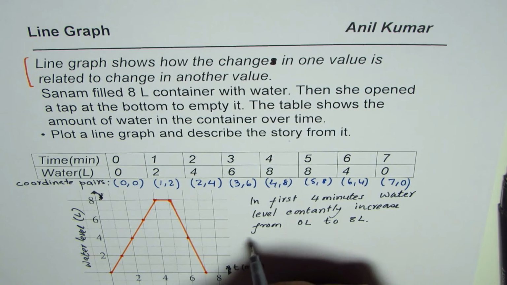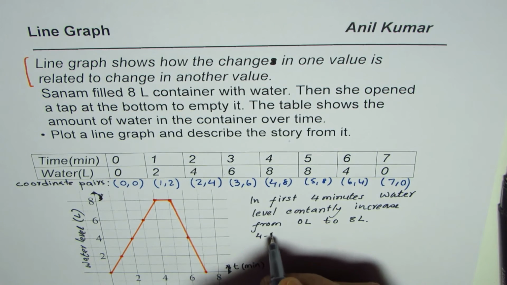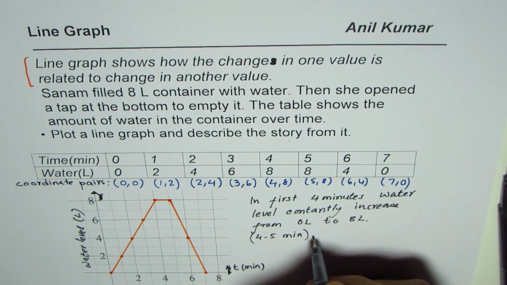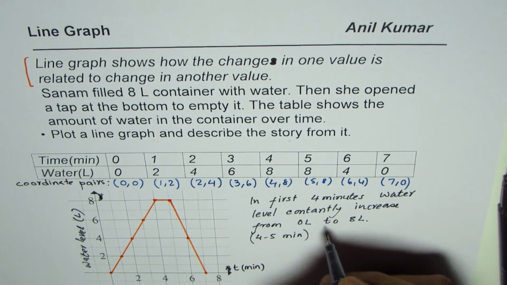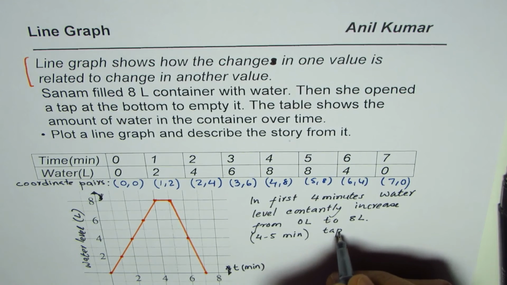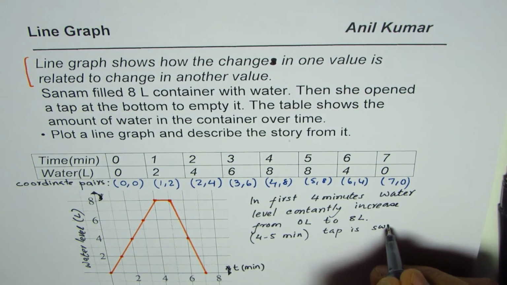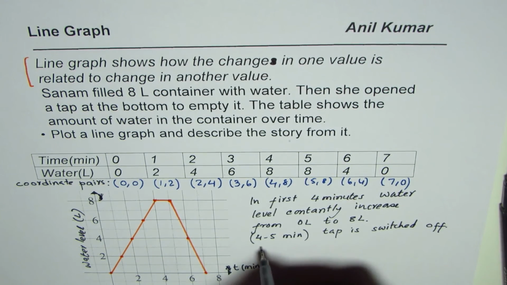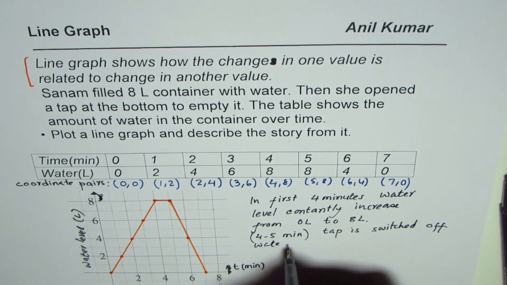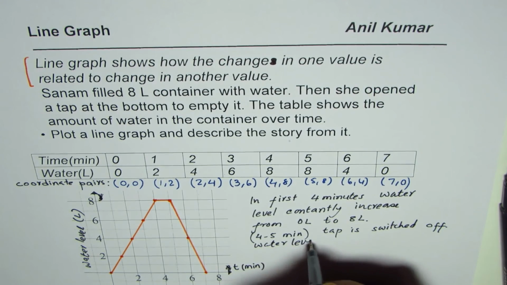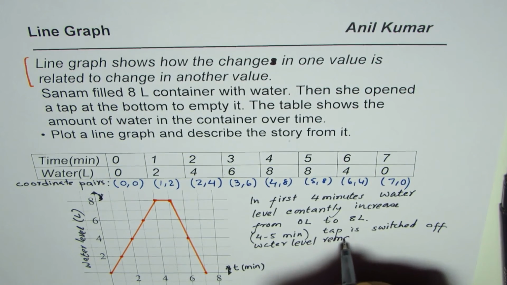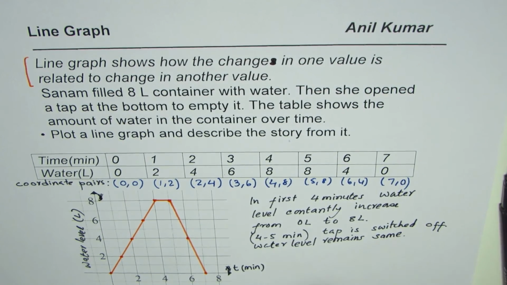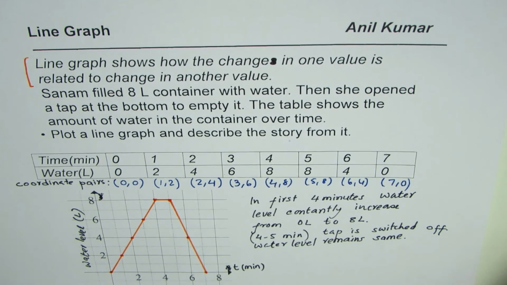So from 4 to 5 minutes, the tap is switched off and the water level remains the same, or constant.